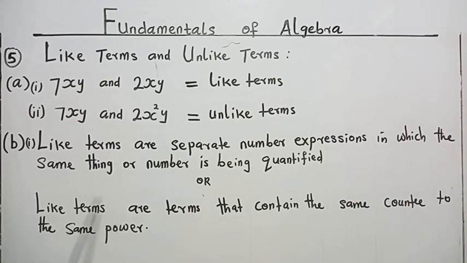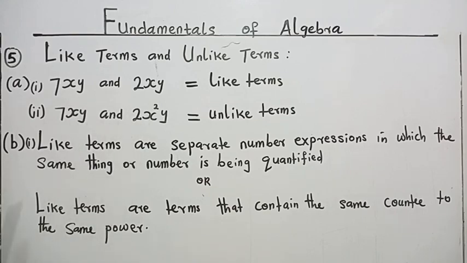This second definition brings that to limelight. It says like terms are terms that contain the same countee to the same power. It means that the variables, if you have variables that are being counted, must possess the same power. For instance, this x is to power 1, this y is to power 1, although not written. This x is to power 2, and y is to power 1. Therefore, though they contain the same set of variables, the variables are not of exactly the same power.